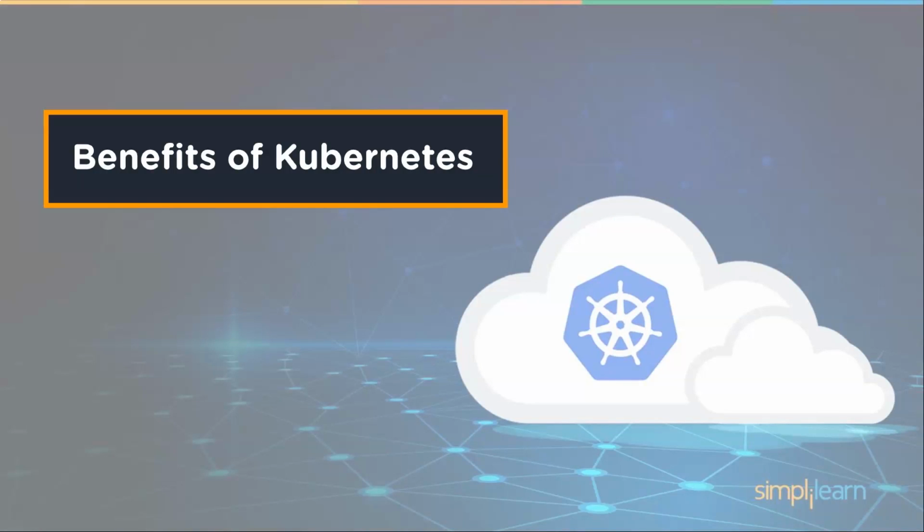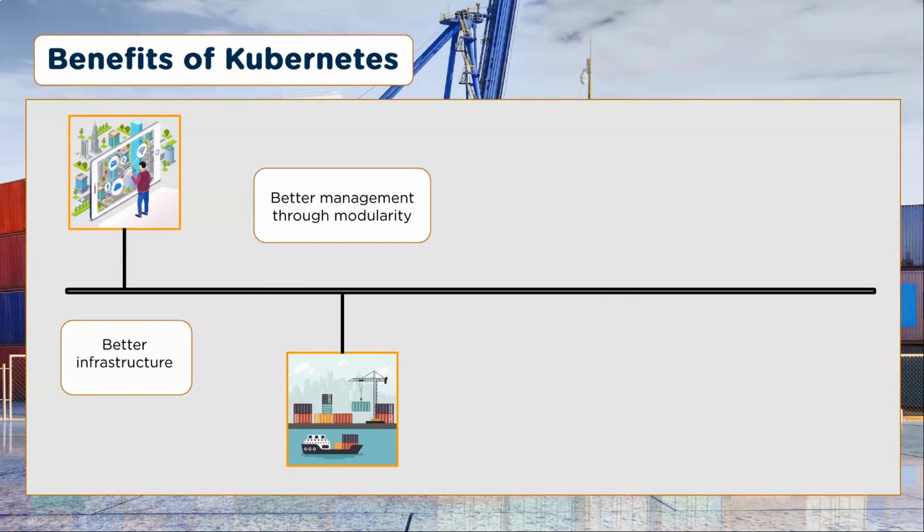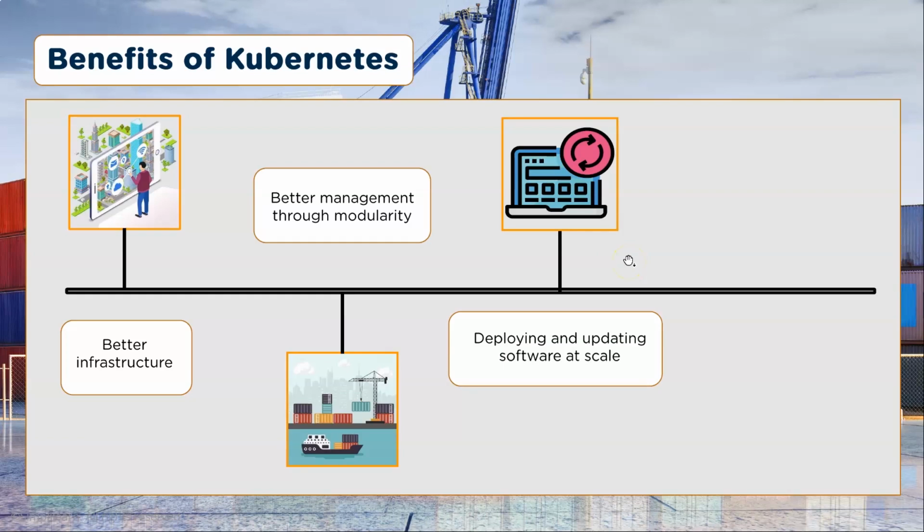So what are the different benefits which we get with Kubernetes here? Let's talk about the different benefits. The first benefit is better infrastructure, which is definitely something we are looking forward to. Better management through modularity is another benefit. The deployment, rollbacks, rollouts, scaling, auto scaling, manual scaling, all these things are quite easy in the case of Kubernetes.